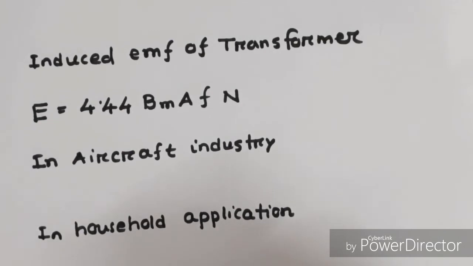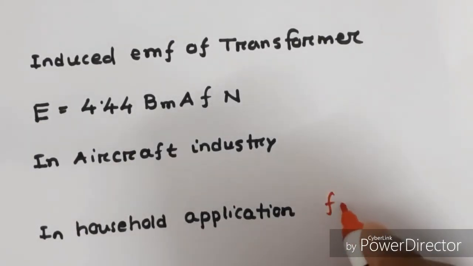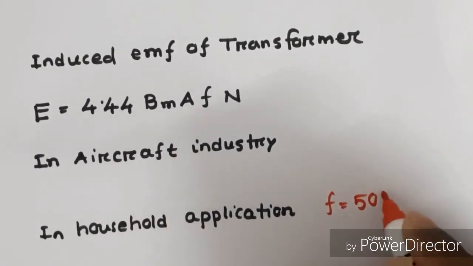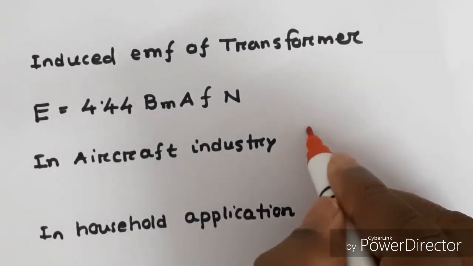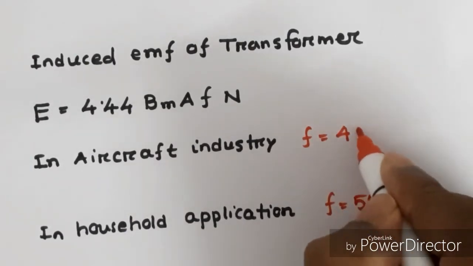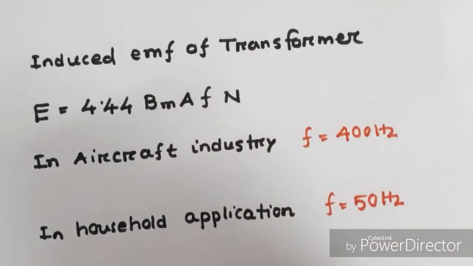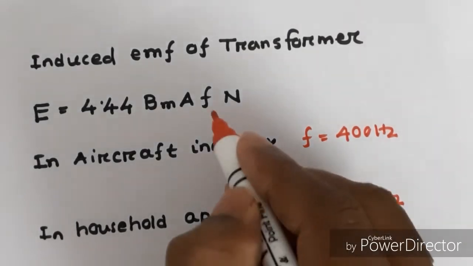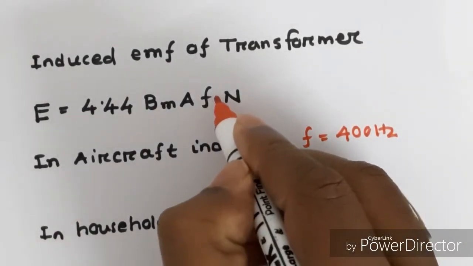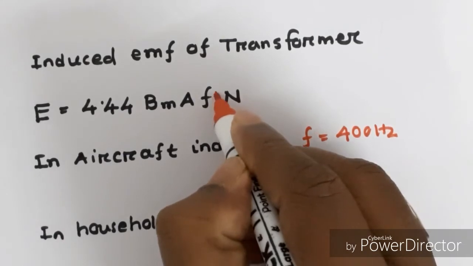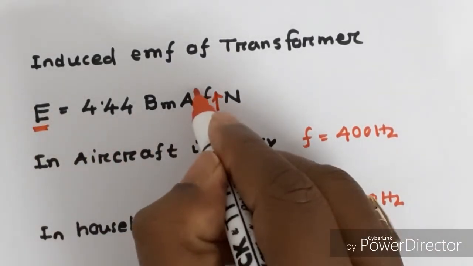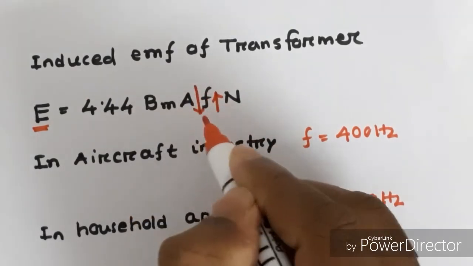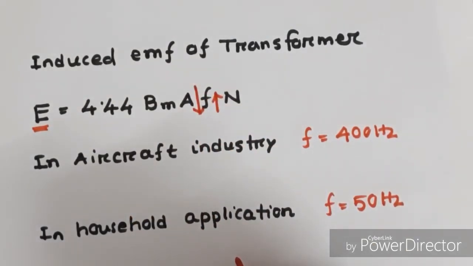In normal application, generally frequency is maintained at 50 Hz. But in aircraft industry, the frequency is 400 Hz. Why? As we discussed earlier, if we increase the frequency for the same kVA and current rating, the cross section area of transformer or any electrical machine decreases.